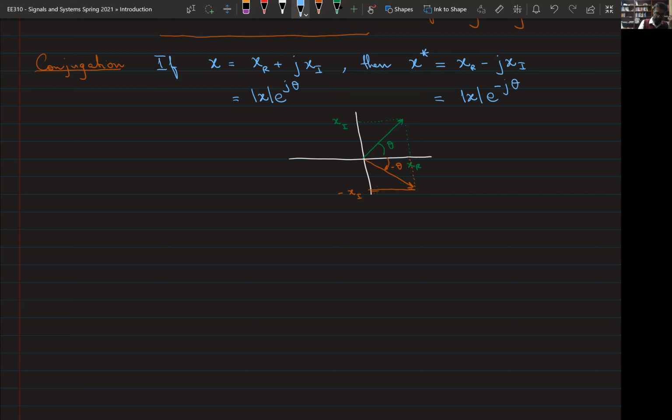Okay. So very quickly, for example, powers. If x equals xr plus j times xi, which is equal to the absolute value of x times e raised to power j theta, then x raised to power n is what?